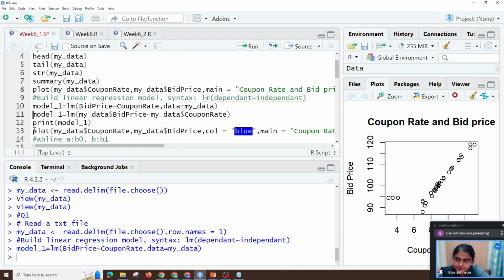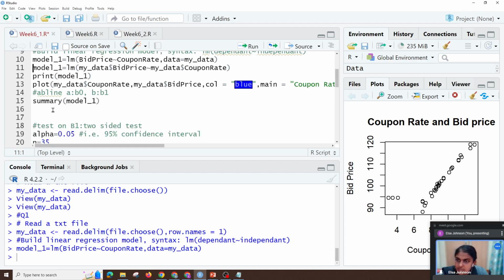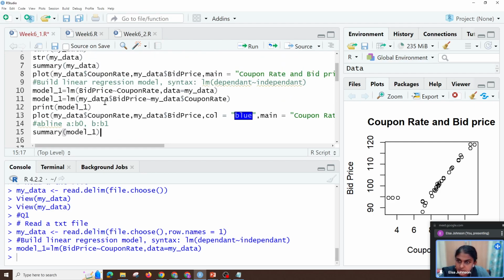This is the summary of the data we have seen.